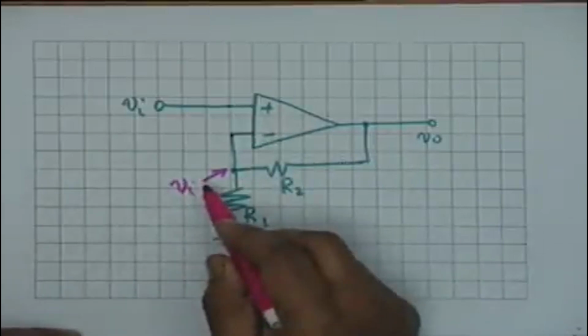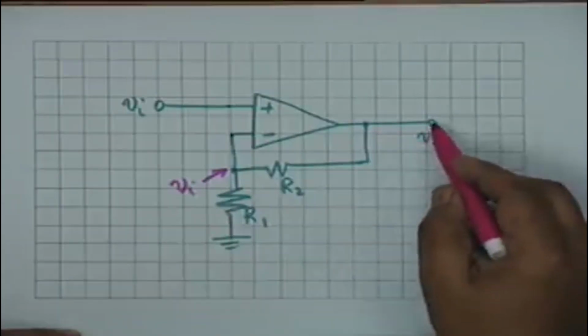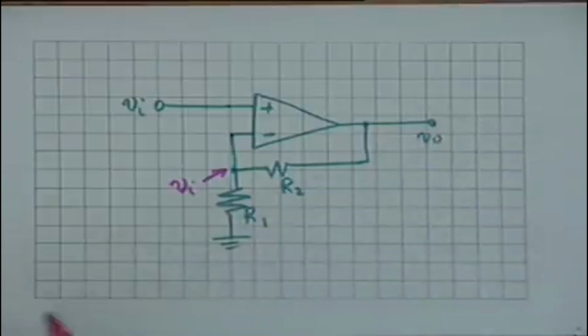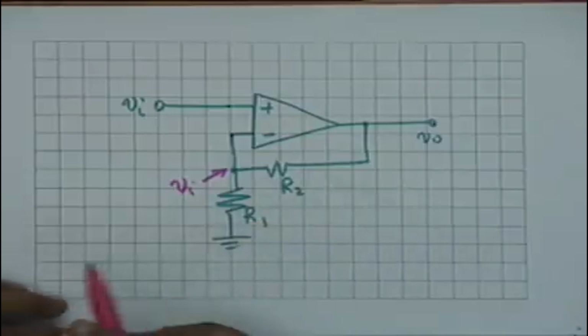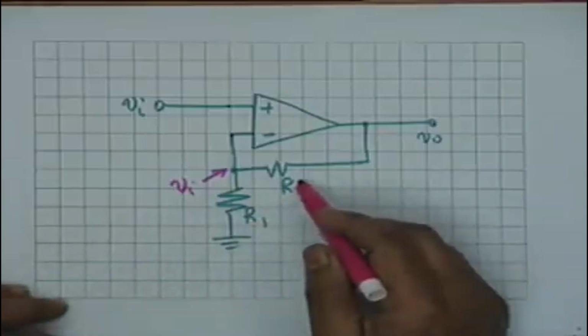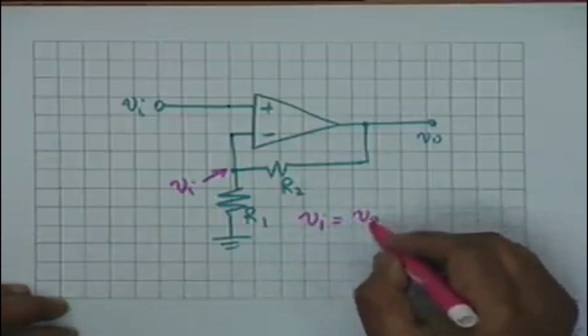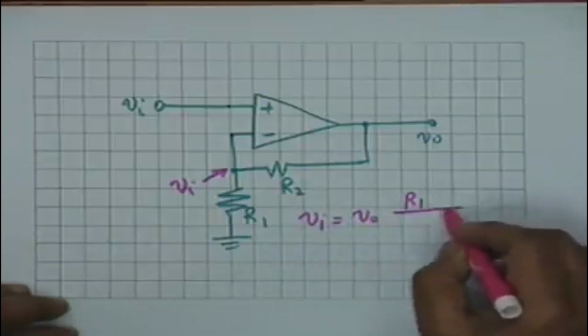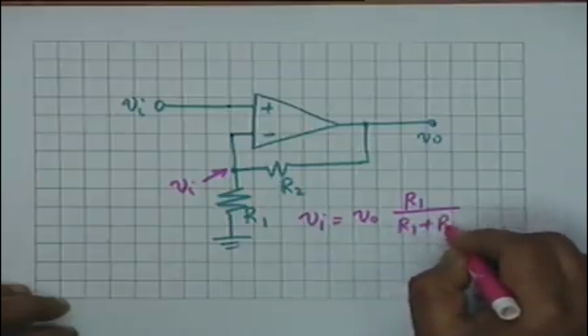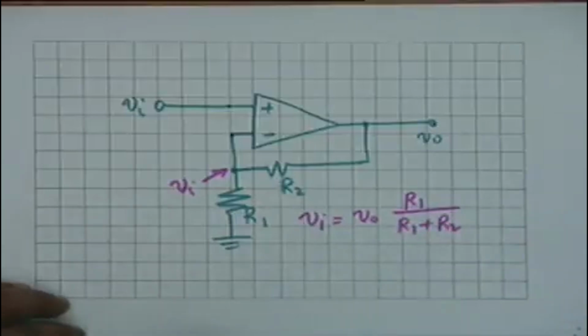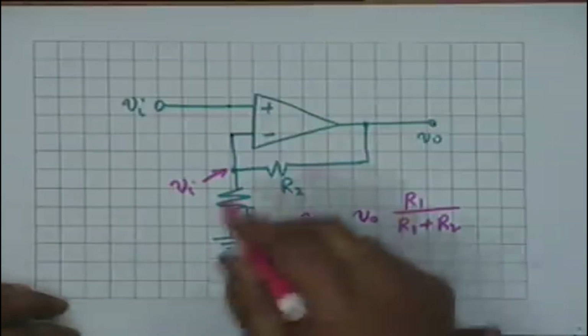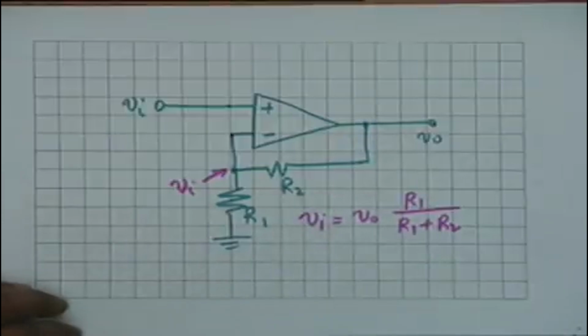As far as V0 and Vi are concerned, there is simply a potential division between R2 and R1. In other words, Vi should be equal to V0 times R1 divided by R1 plus R2. Agreed? You see how simple the analysis is?